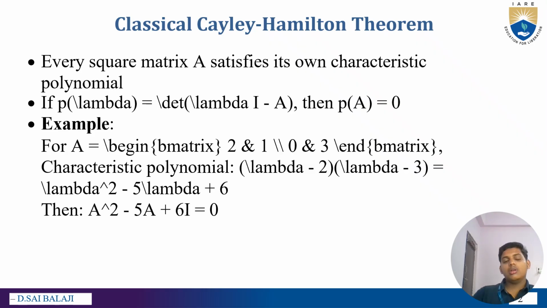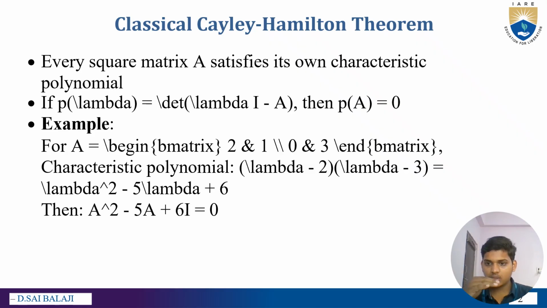For example, let it be a 3 by 3 matrix, and we are considering the characteristic equation, where lambda is the characteristic root of the matrix, as the modulus of A minus lambda I equal to 0.